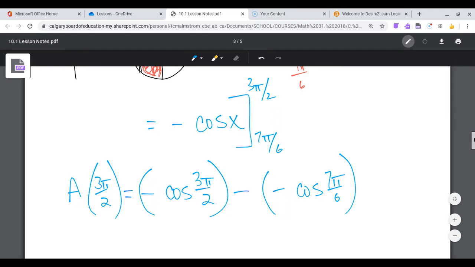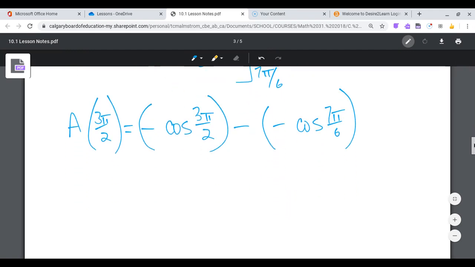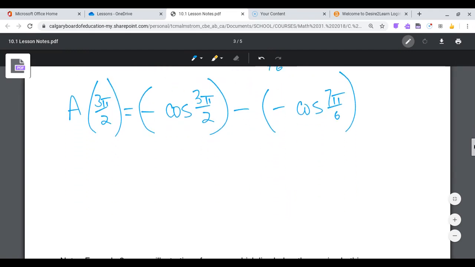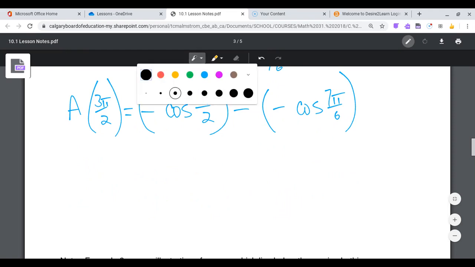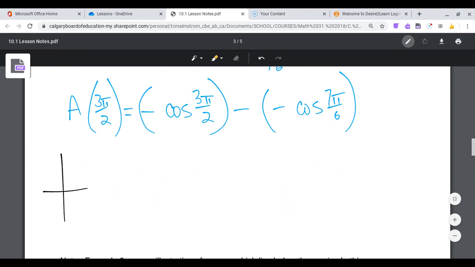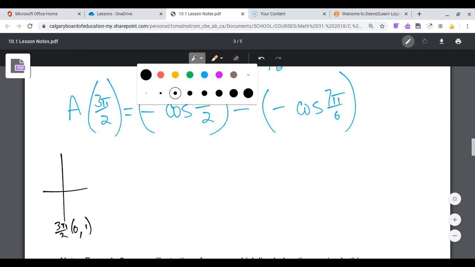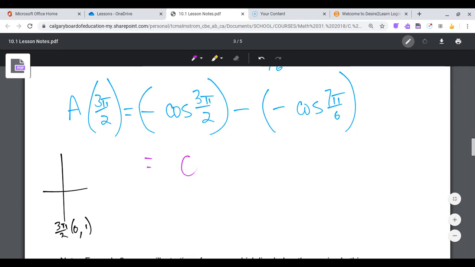And now we have to go to that wonderful unit circle and decide what it is that we remember about where we are. So we have, let's just draw that quickly here, cos 3π/2. So we're down here at the bottom. We want the x. So that's 0. That's lovely. Okay. So this one is negative 0, 0. Subtract a negative. So I'm going to make that be positive.